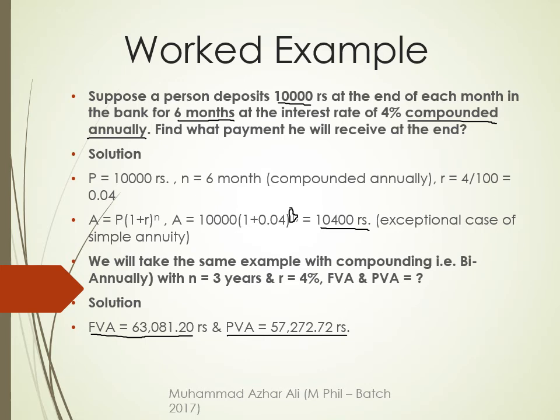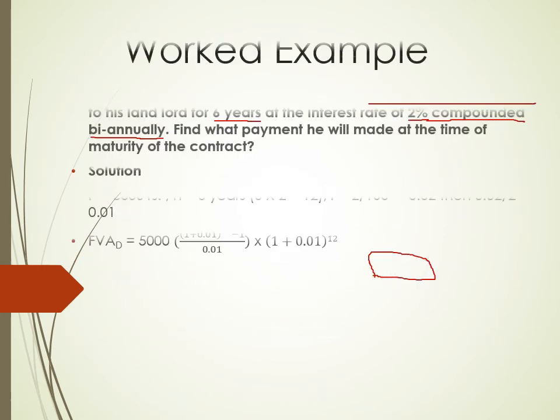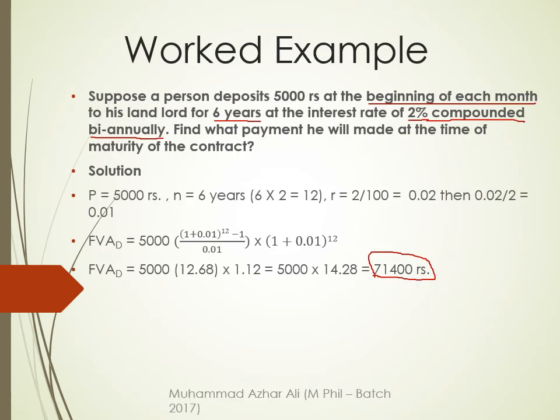After 3 years he will receive 63,081 rupees at the end of the maturity time period, and the present value of annuity is 57,272 rupees. So here is the present value of that compounding. Okay, so this is an ordinary annuity.